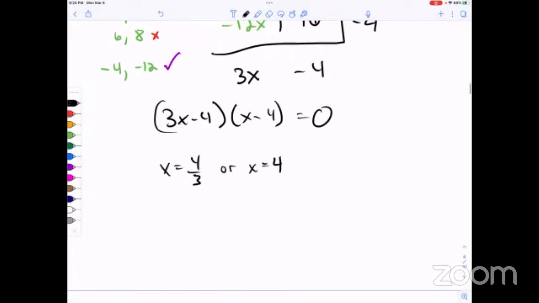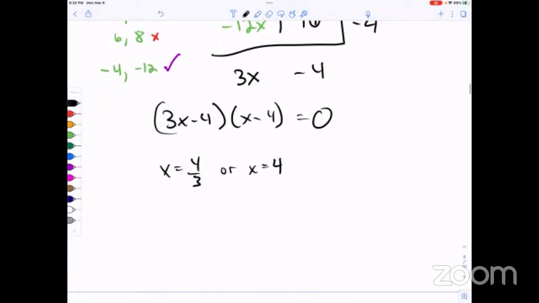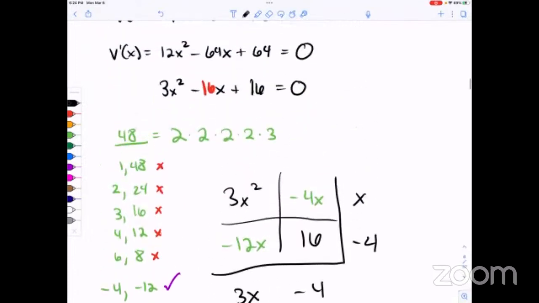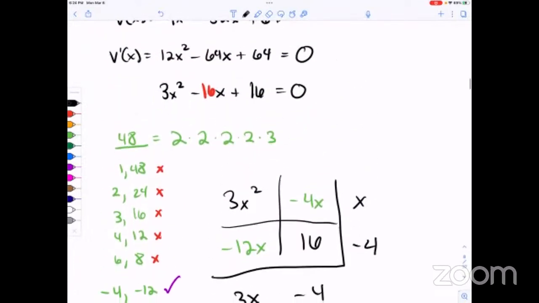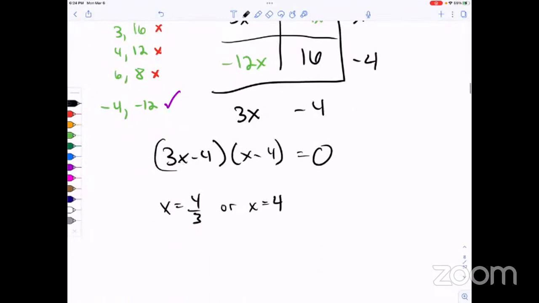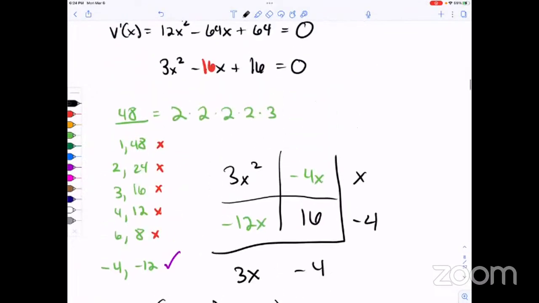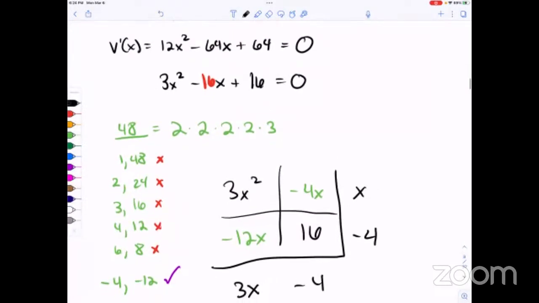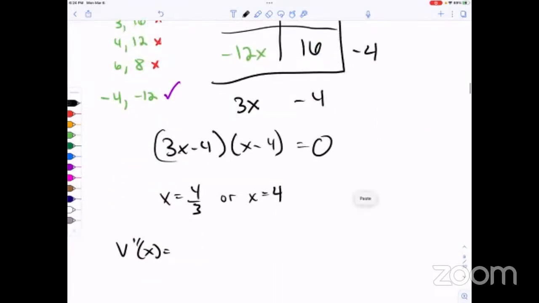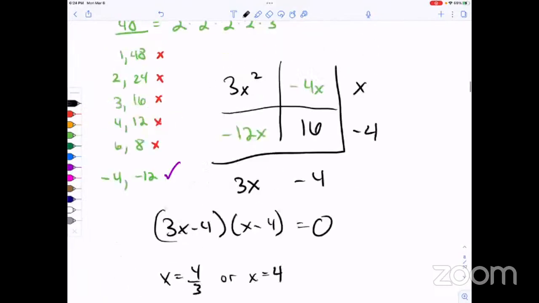So we could look at the second derivative. I'm trying to wrap it up so I can get to these gentlemen in the waiting room. Let me go ahead and find b double prime. So it becomes 24x minus 64.